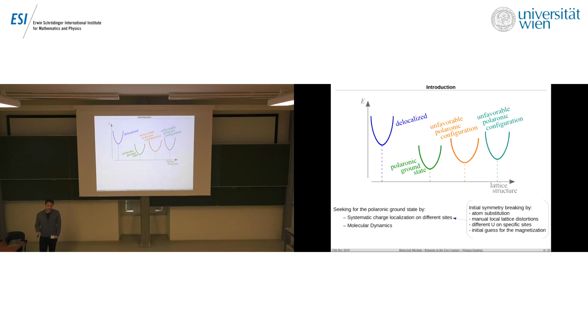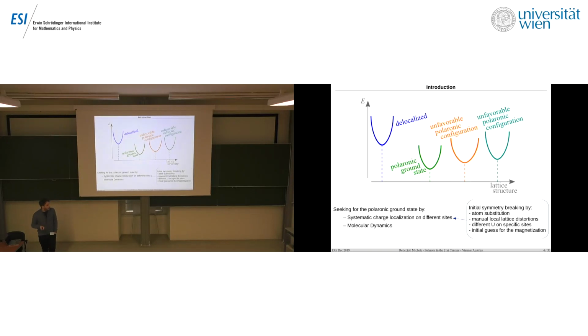This is something we have to do by ourselves, putting in a lot of effort to identify which one is the polaronic ground state. We have heard in the last days many different methods which can be used to systematically investigate different polaronic configurations. I will talk also about another method that we used, which is molecular dynamics simulation.